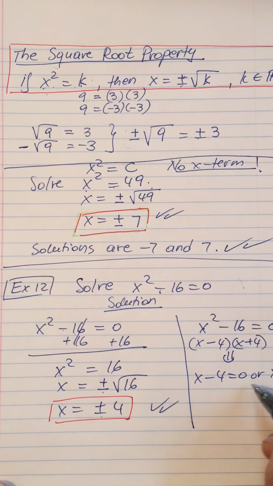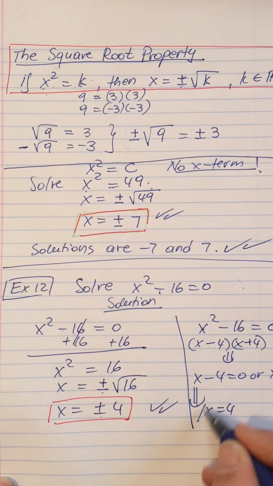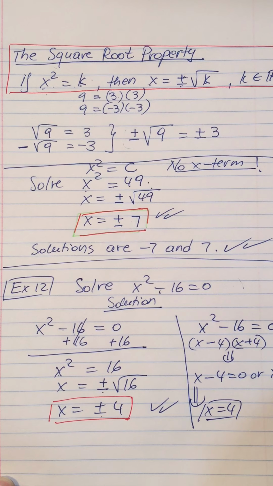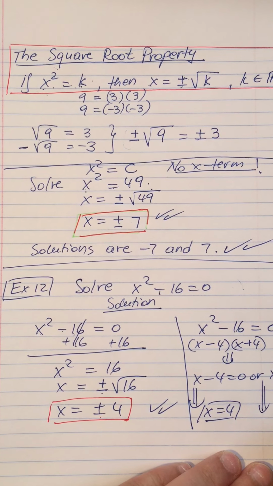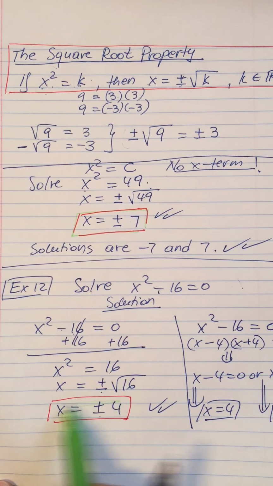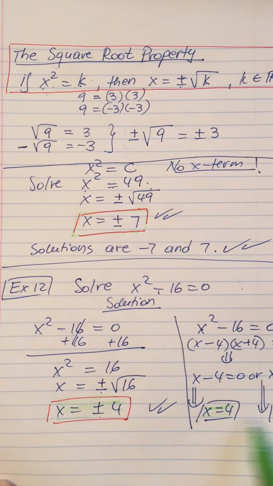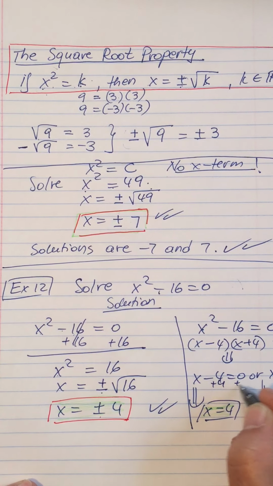And now just change the signs. x is 4, and here x is negative 4. And still we have the solutions. Okay, so I change the sign, or you can add 4 to both sides.